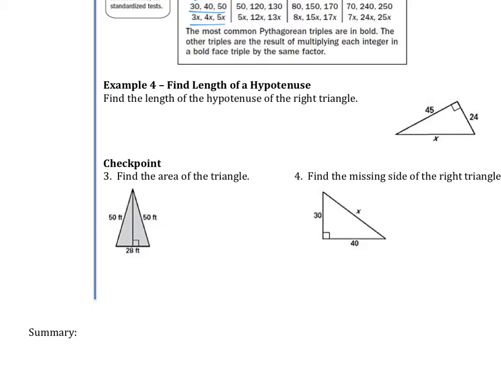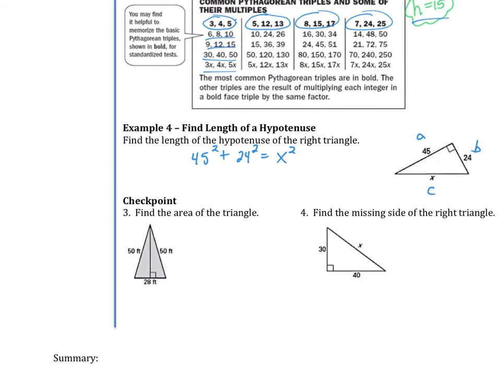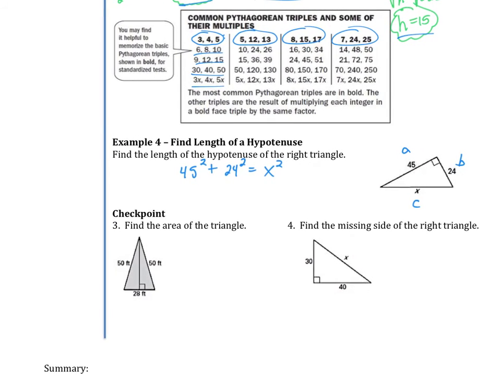Example 4 says, find the length of the hypotenuse of the right triangle. So if we want to find the length of the hypotenuse, the biggest side is x. So A and B will be our other two sides, 45 and 24. So we would have 45 squared plus 24 squared equals x squared, and we're trying to find x. Now, if you use this chart and you look above, do you see anything with 45 and 24?